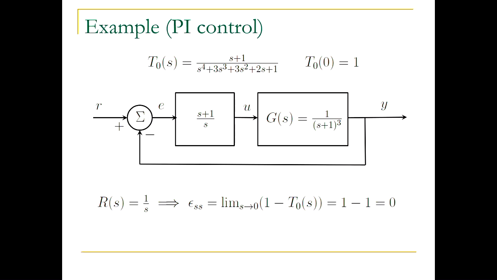Now, if the plant model is slightly different, so I don't have 3 poles at -1, but I have one pole at -0.99, one at -0.95, one at -1.05, we can check whether the same controller stabilizes the true model, which you don't know, right? You don't know what the poles of the true plant are. Maybe there are also zeros. As long as the controller stabilizes the true plant, you will still achieve zero steady state error, right?